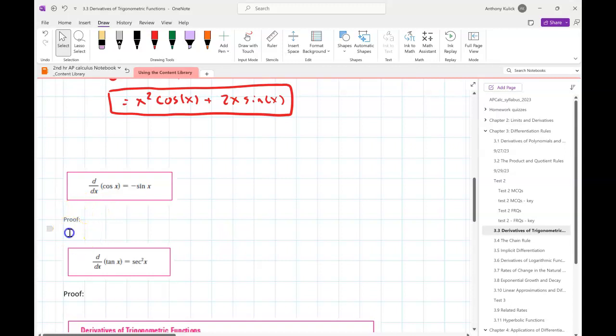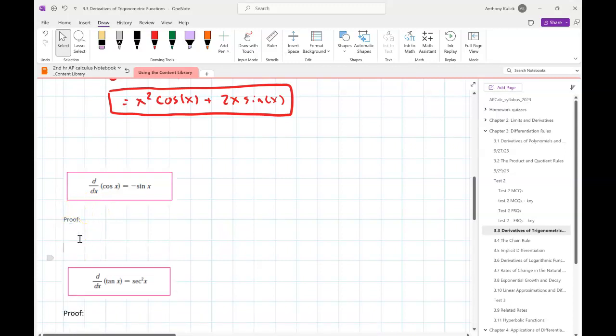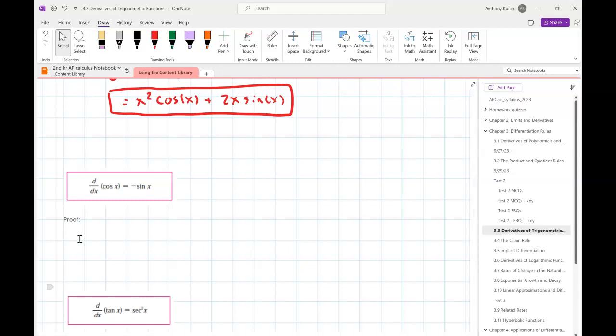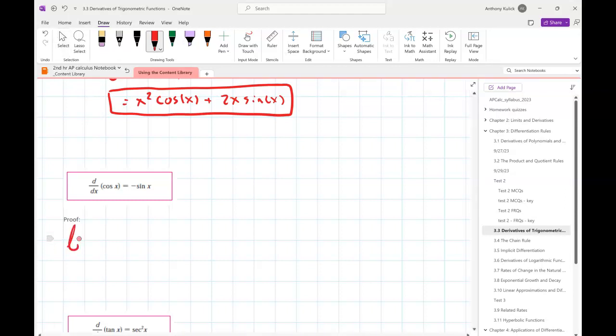What if we wanted to show that the derivative of cosine x is equal to negative sine x? How would I prove that? I use the definition of a derivative again, right?